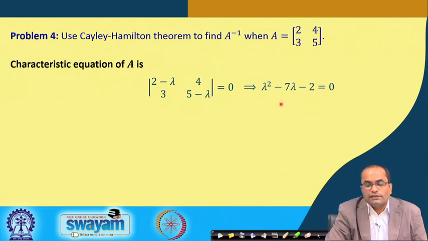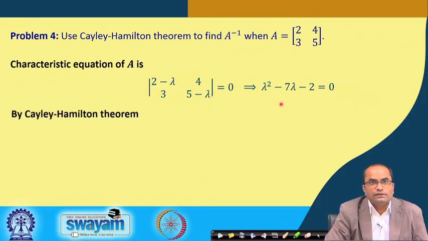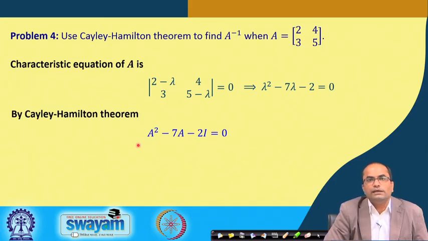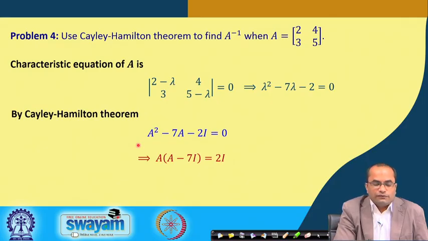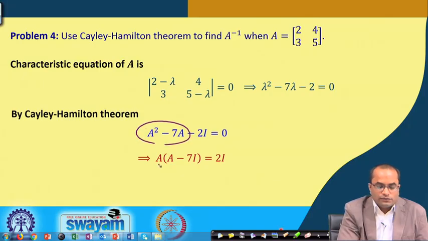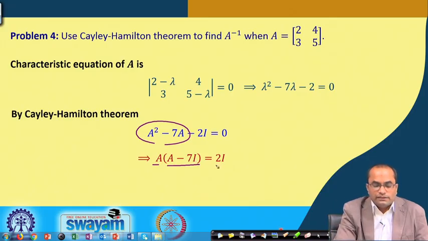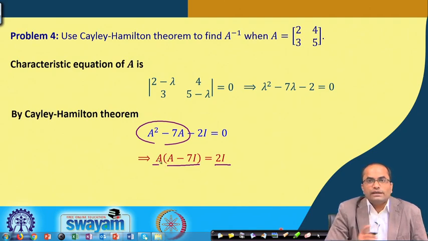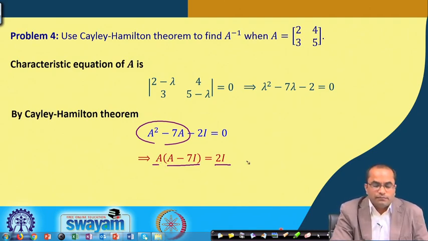We will get lambda square minus 7 lambda minus 2 equal to 0, that will be the characteristic equation, and by the Cayley-Hamilton theorem we know that A square minus 7 A minus 2 I will be equal to 0. We can take A common in the first two terms: A into A minus 7 times the identity matrix is equal to 2 I. And now what we can do here is multiply by A inverse. Again, a point to be noted is that we can multiply by A inverse only when A inverse exists. So up to now this is okay.